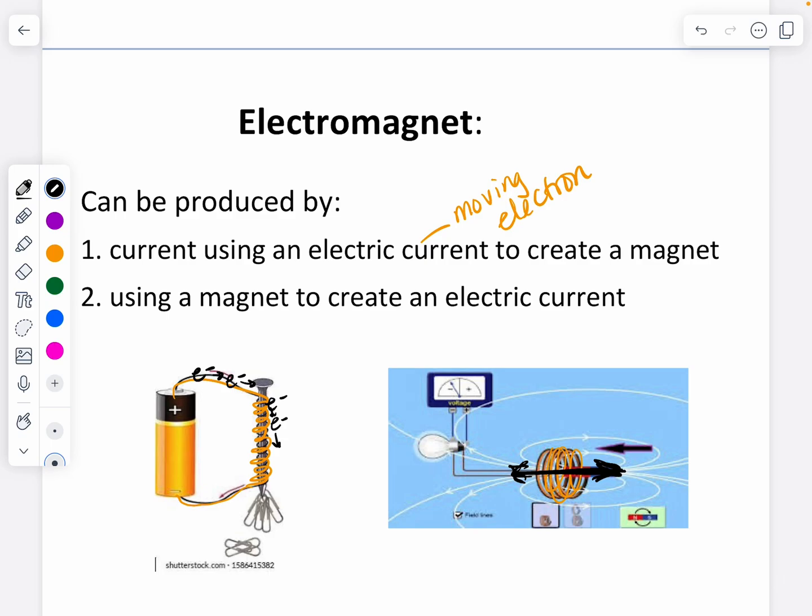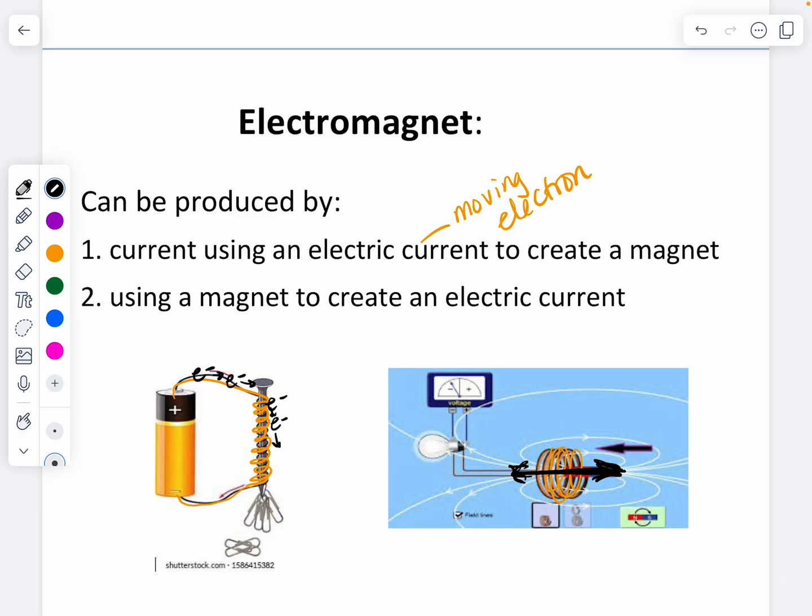Every time that magnet moves through the coils, the electrons that are inside of the wire are going to be affected by that moving magnet. And those electrons in the wire are going to follow the magnetic pull from that moving magnet. And so as those electrons follow, they move. That is an electric current. That creates electricity. And voila, the light bulb turns on. That's what it's trying to show you in this illustration.